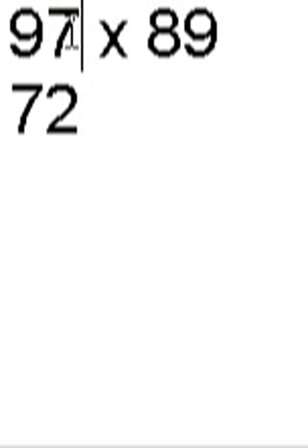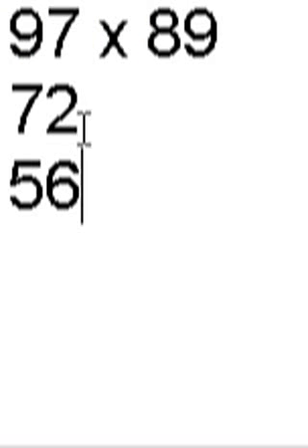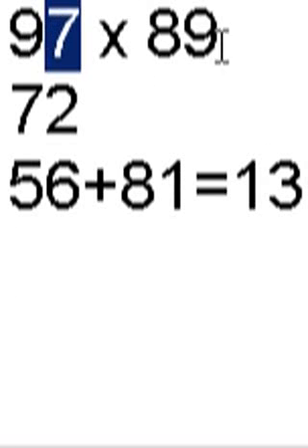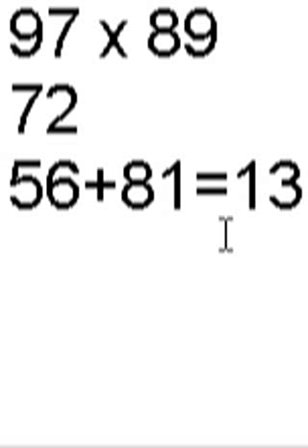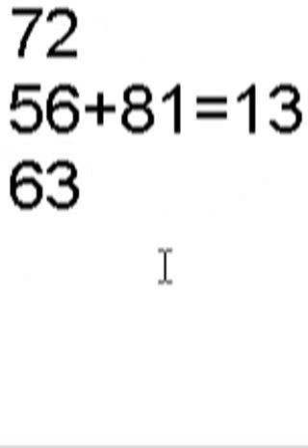The next step is to cross multiply, or multiply from the inside out. 7 times 8 is 56. And then plus the outside, 9 times 9 is 81. And I'm going to add these, and it equals 137. The last step is multiplying 7 times 9, which is 63.